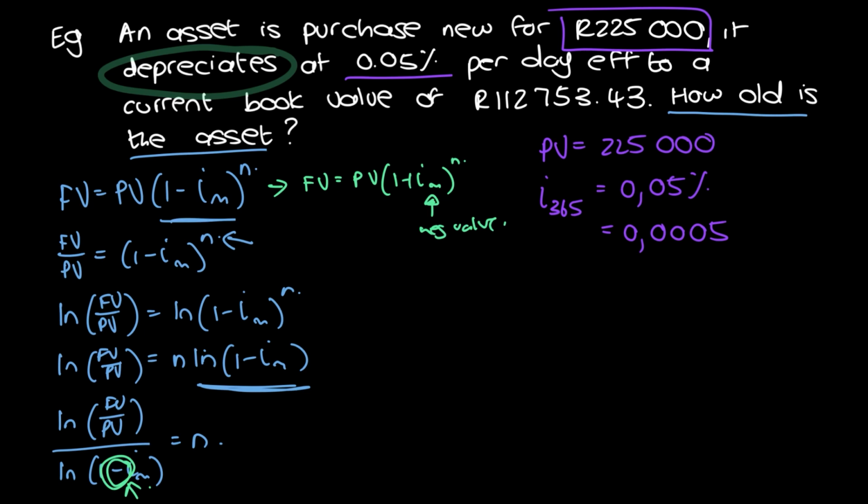And its current book value is 112,753.43. So we have the future value equal to 112,753.43, and we want to know what n is. So we have all our information sitting there for us. But do we? Yes.